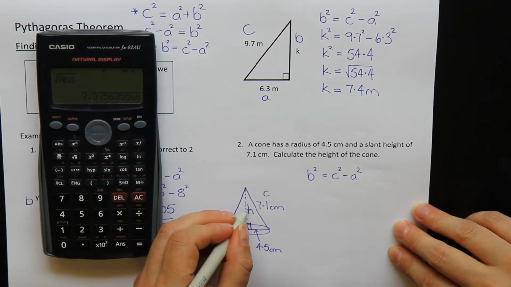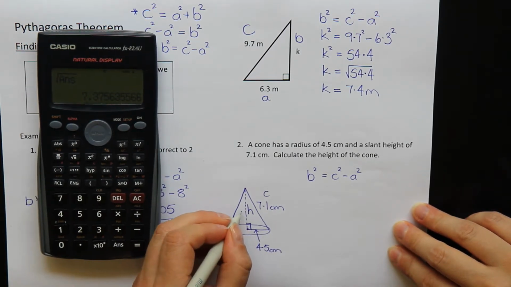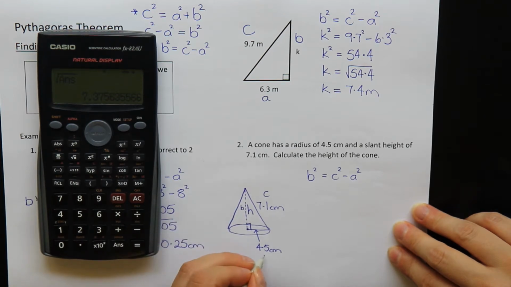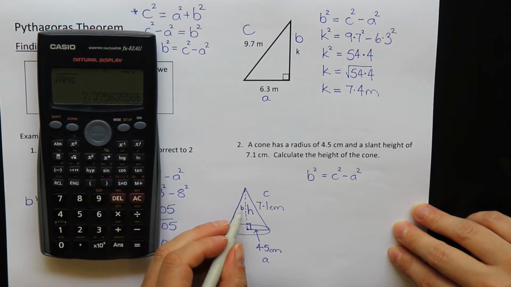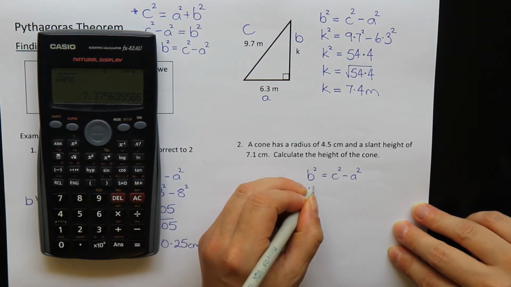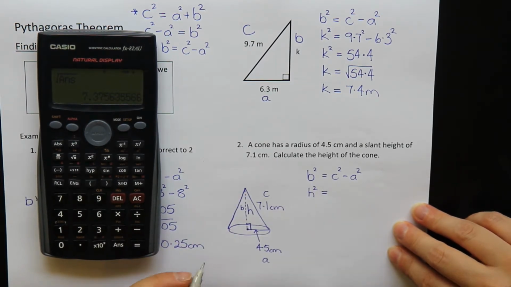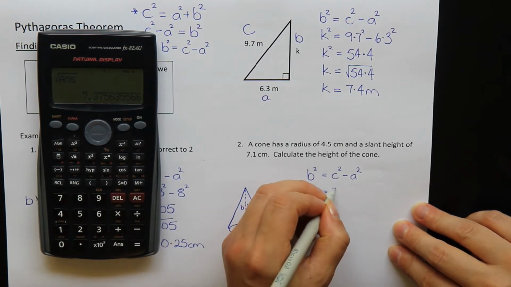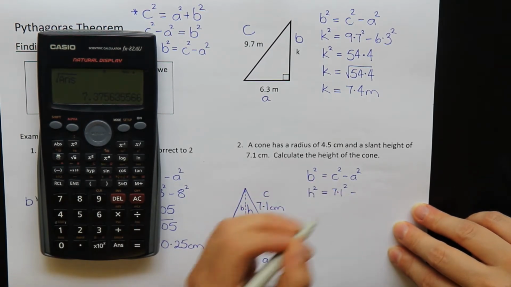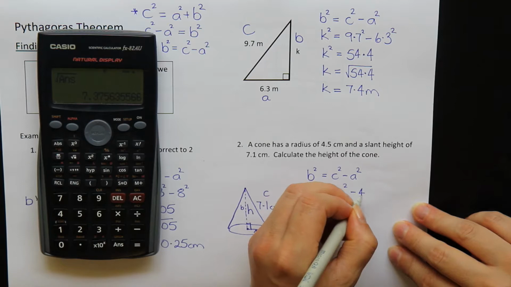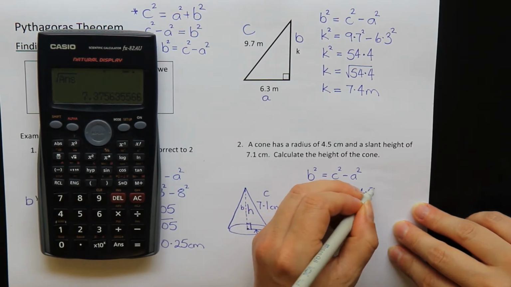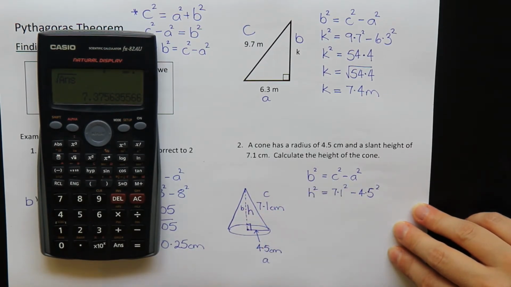This is the b, and this one down here is going to be a. So I have h there. My hypotenuse is 7.1, and my shorter side over here is 4.5 centimeters.